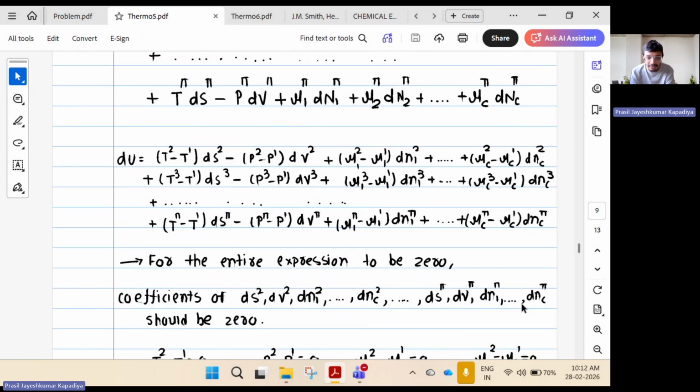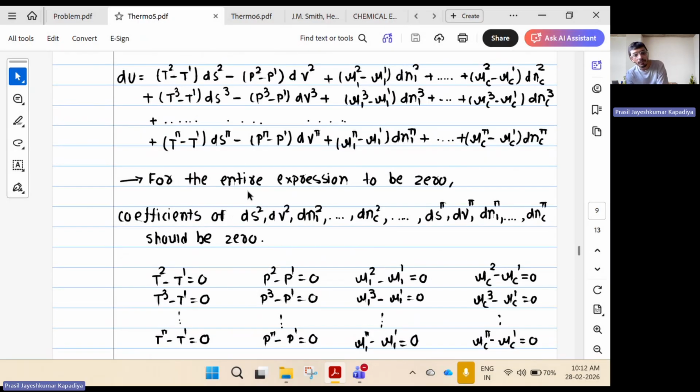Now, let's say this entire expression is equal to 0, which we check. The entire equation will be 0 when all these coefficients are equal to 0. So I can write that T2 minus T1 equals 0, T3 minus T1 is equal to 0, and T pi minus T1 is equal to 0.